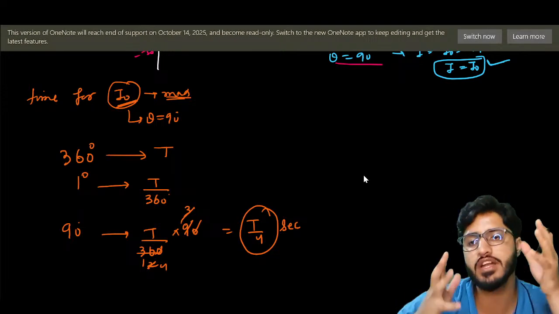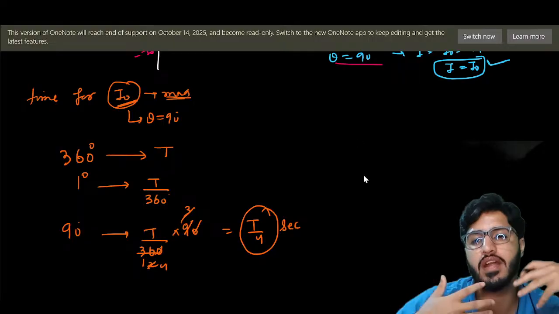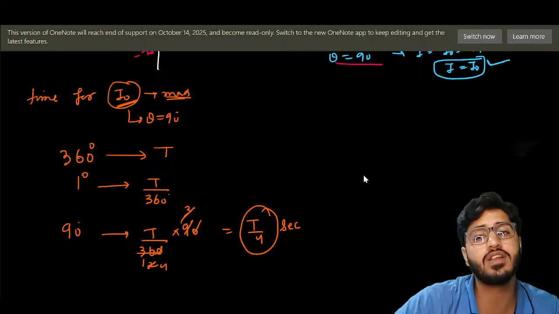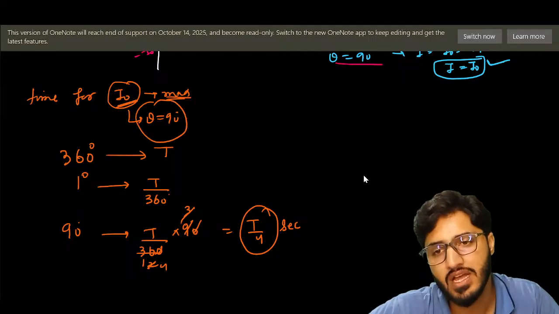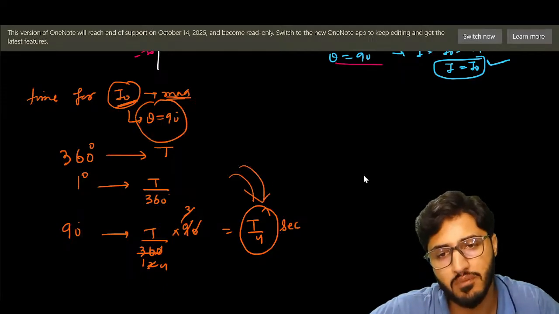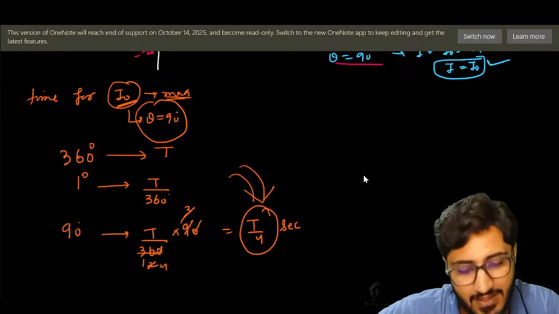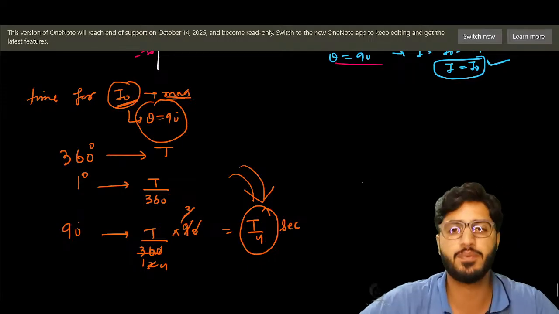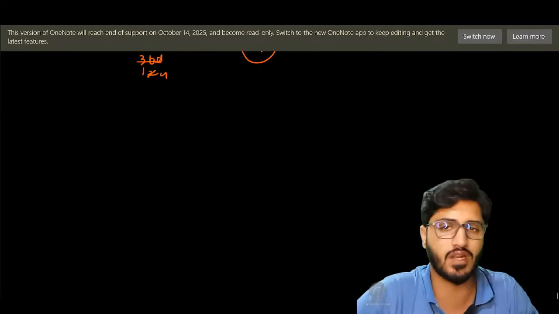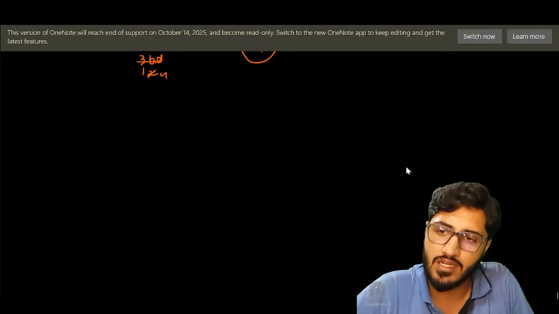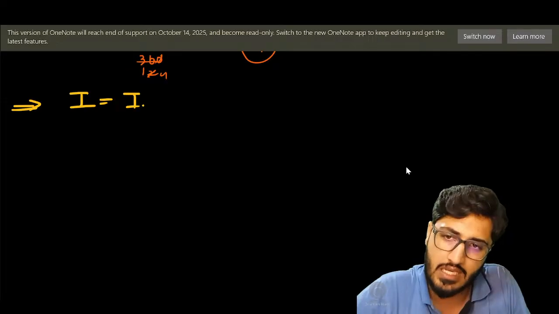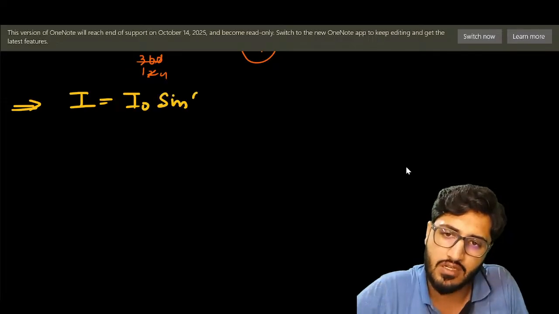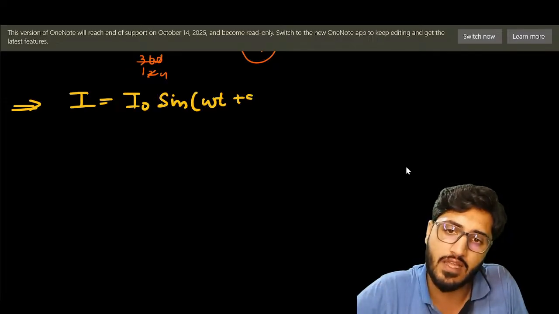This is how you need to interpret your numericals and you will get your answer. This 90 we got from the phasor and this calculation we got from the unitary method. Let's say you have a numerical like I equals I naught sine omega t plus phi.